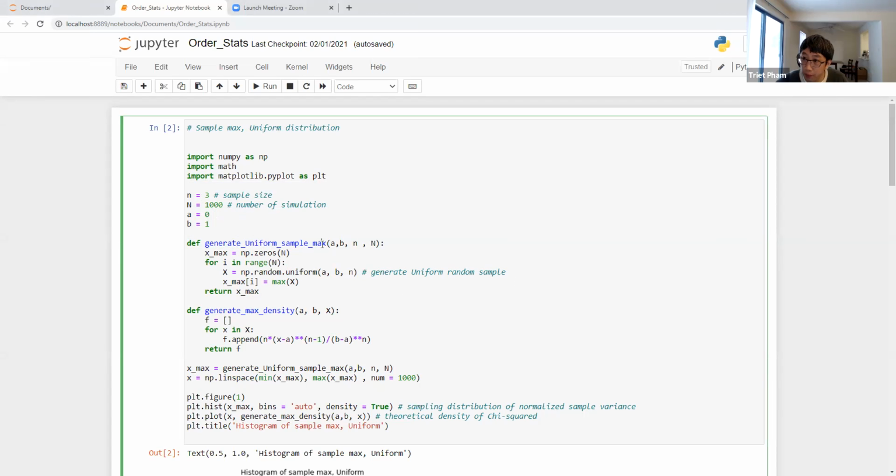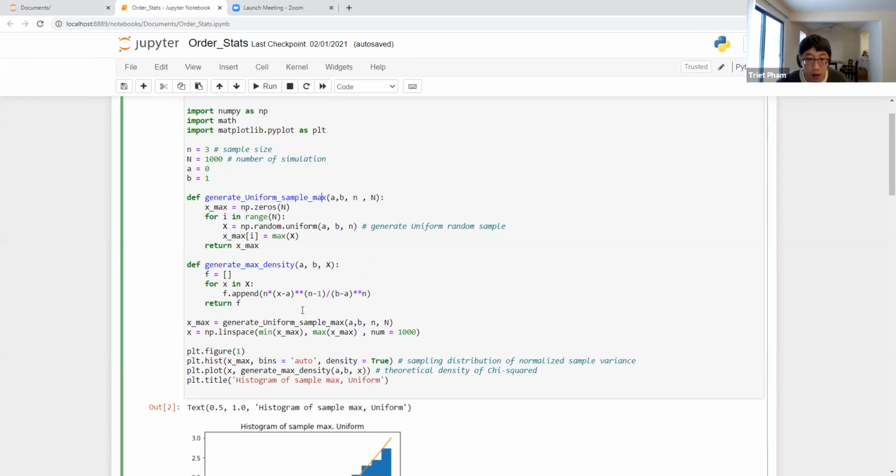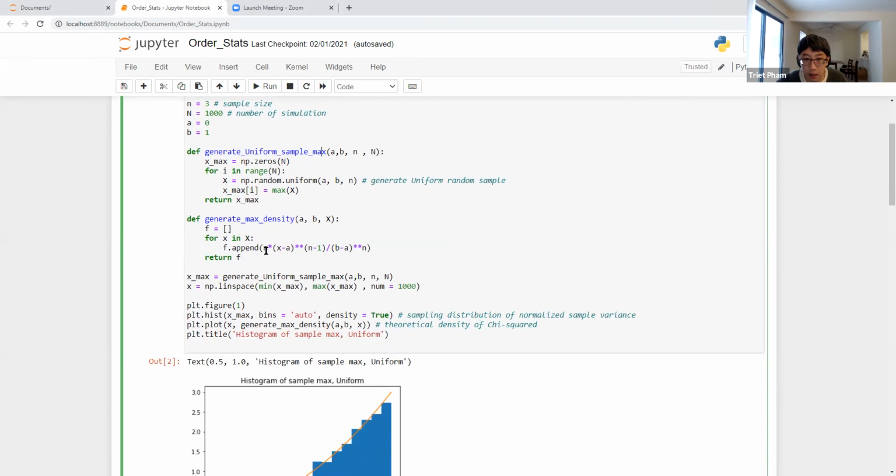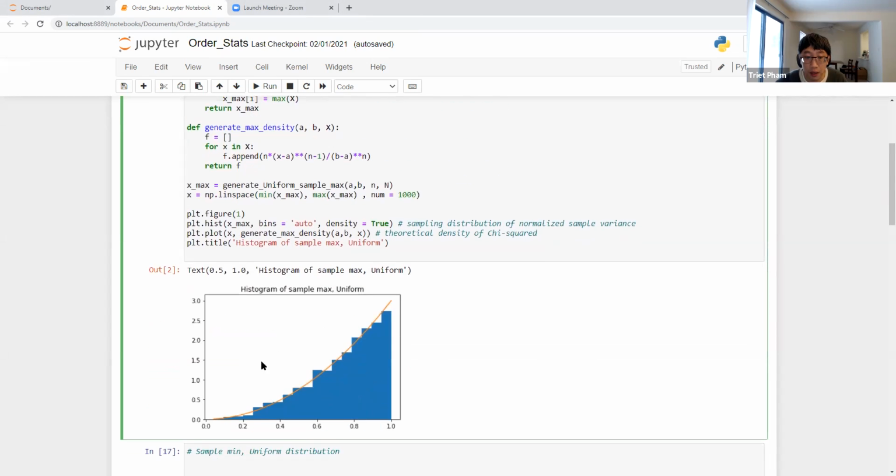I look at the sample max, and this is the theoretical density, the formula that we described. And of course, I plot the sampling distribution and I plot the theoretical density to show you that our result is correct. That density curve, the one that we write down in theory, matches the sampling distribution, in other words, the histogram.